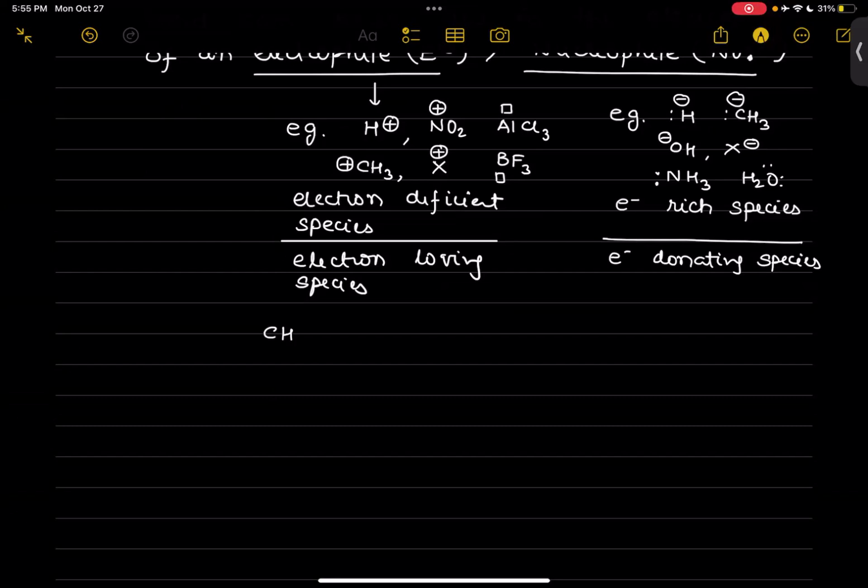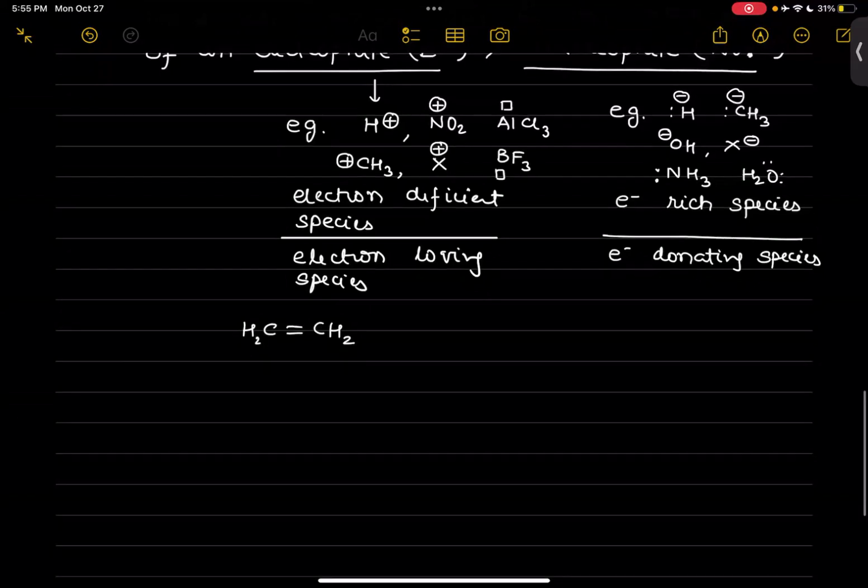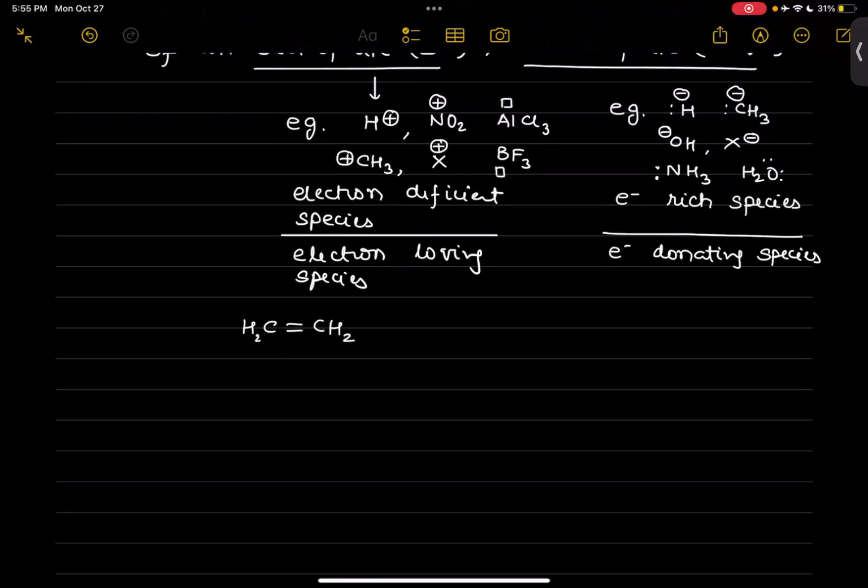Suppose I write this molecule. Which molecule is this? This is ethene.